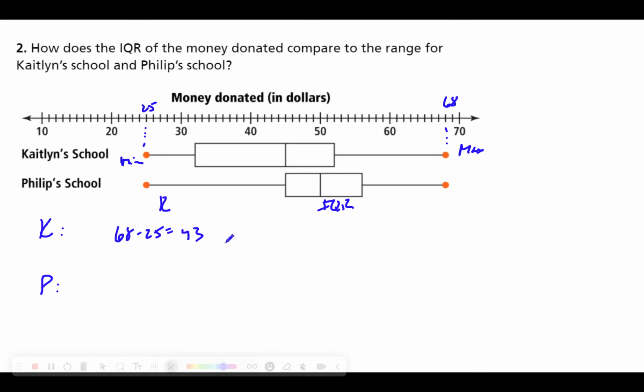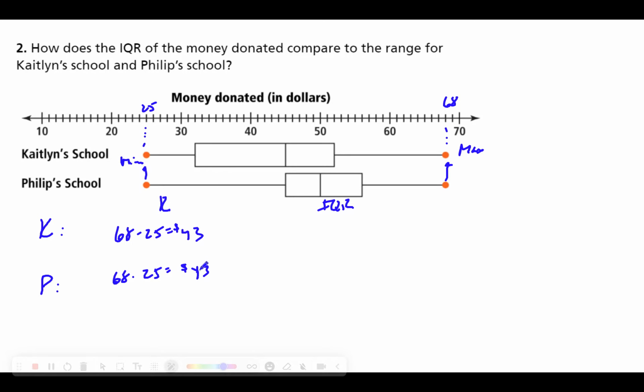So Caitlin's range was $43, right? It's money donated. If we go to Philip's range, Philip's max and min are exactly the same. So we'll do 68 minus 25 again, which is $43. So based off of the range alone, we would say that Caitlin and Philip's spread is the same.